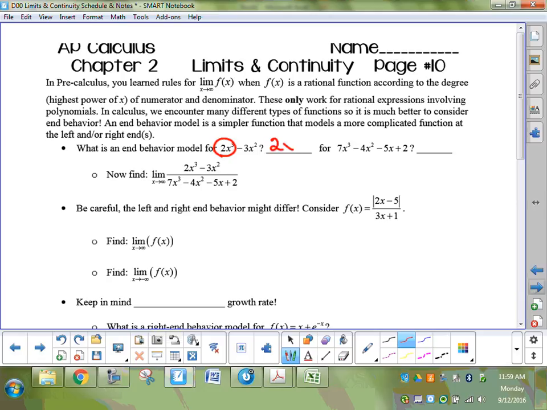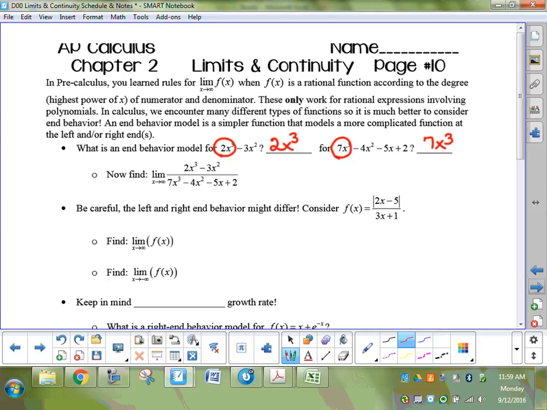So we'd say that this would be 2x cubed. That's what's driving the behavior. Everything else is latched along for the ride. Look at the next one. And by the way, it's not the first term, it's the term with the highest exponent. The degree is the highest exponent. So our degree in the next one is going to be 3 because this is my term with the highest exponent. So what's driving that second piece is that there.